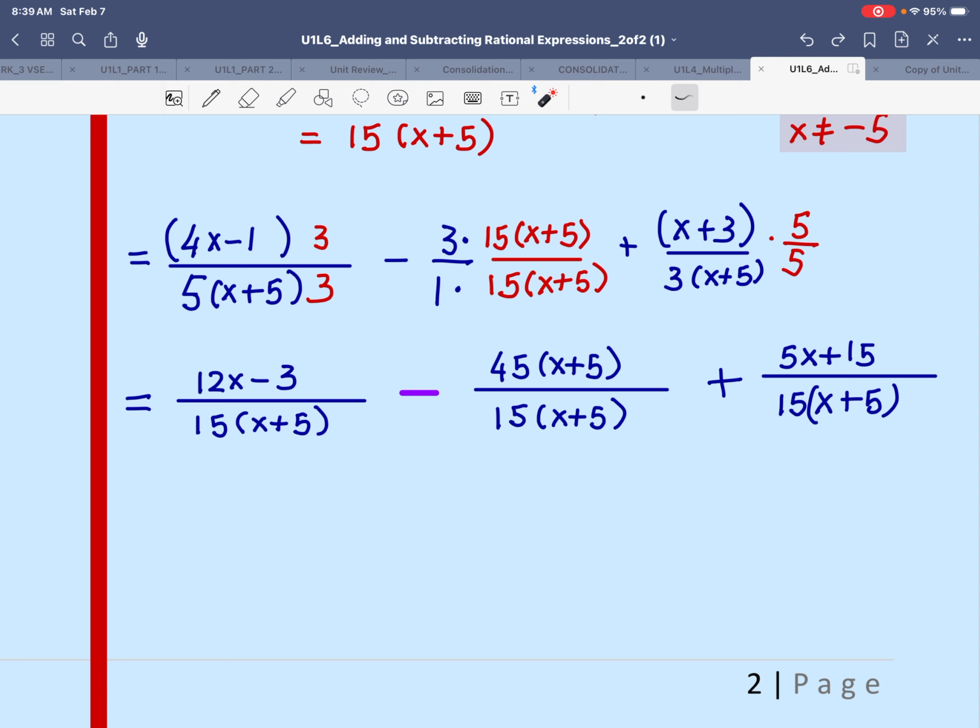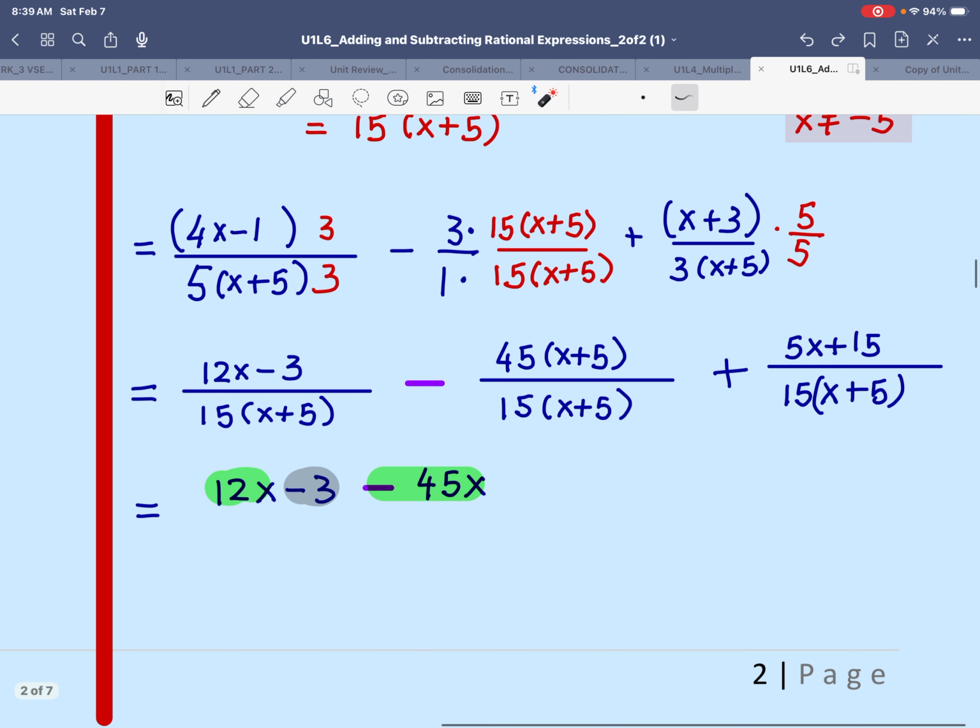So next, we can bring all the terms together in the same denominator, but check and see first. We have 12x minus 3, and now we have 45x plus 5. Now remember, this negative sign will belong to the first monomial here, and when the 45 multiplies x, we have to consider the negative as well. So negative 45 times x, negative 45 times 5.